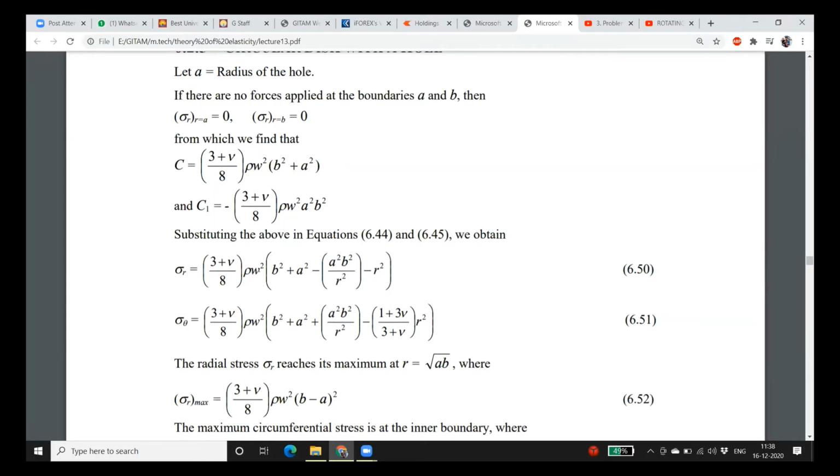It depends on the speed at which the disk is rotating, and depending upon that speed the stresses will change radially and circumferentially. These are similar to the formulas which I have shared, and they can identify the stresses and the material, and based on that they can design the material.